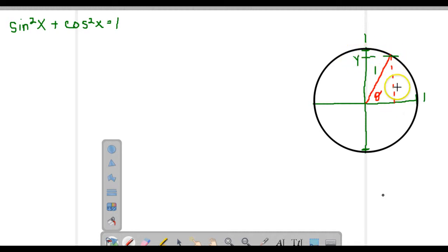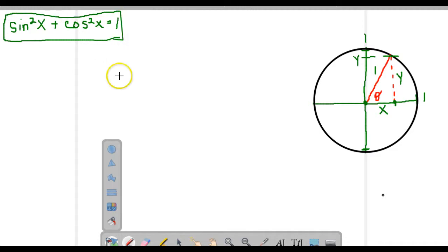So this length here is just our y length, and then this length here is just our x length, from this point to this point, whatever x ends up being here, and this is our y. Let me try to formulate this. This is what I want to end up with.